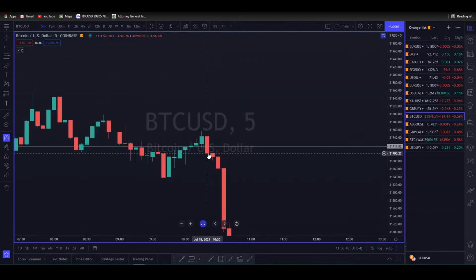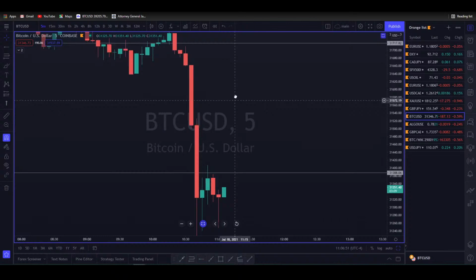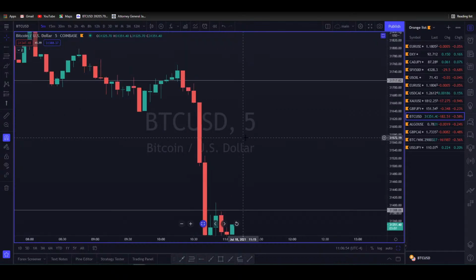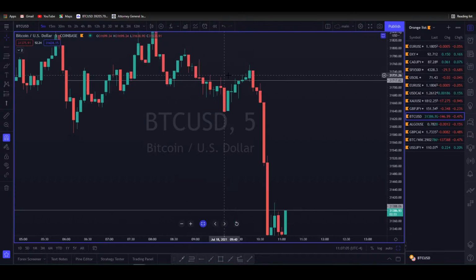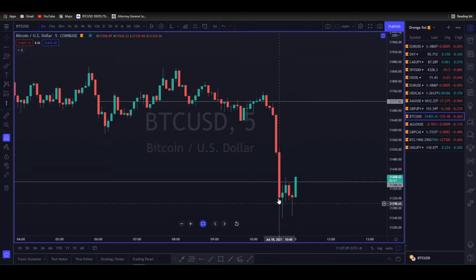And then boom, this right here could have been your entry, would have stopped there. So technically you can trade it, but if you allow yourself to do that, every single day you're going to be able to take hundreds of trades, because this happens all the time.